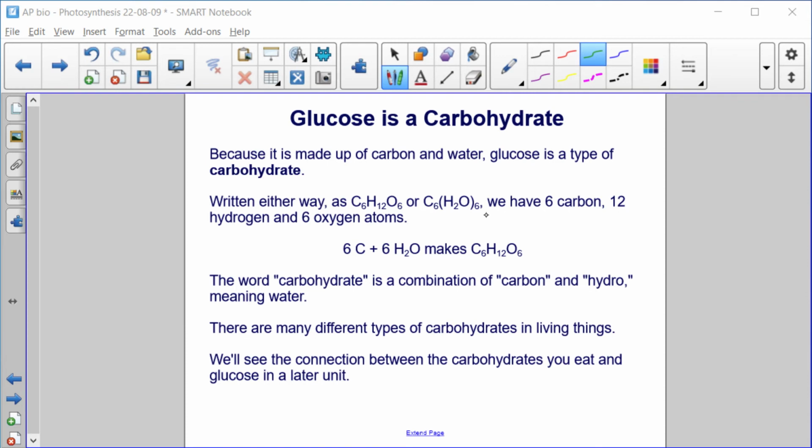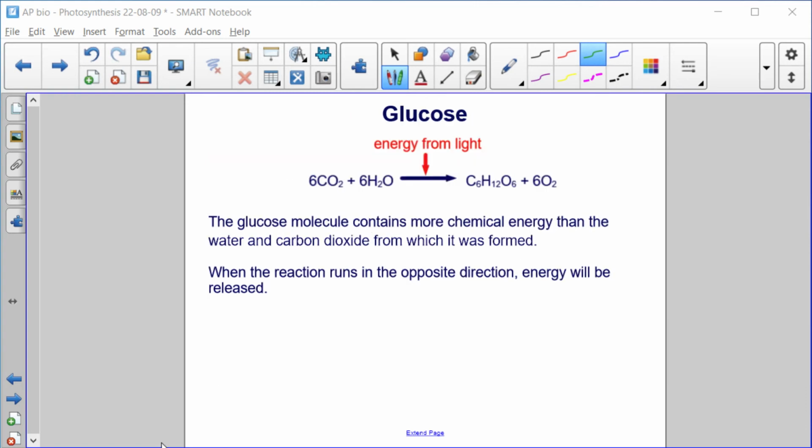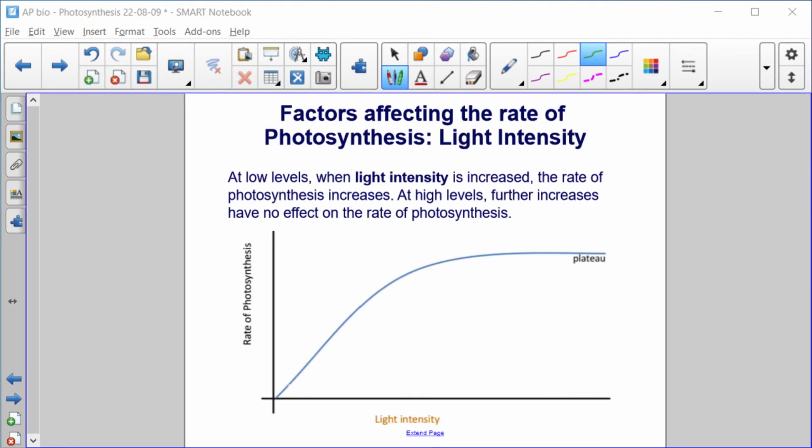We'll see the connection between the carbohydrates you eat and glucose in a later unit. The glucose molecule contains more chemical energy than the water and carbon dioxide from which it was formed. So on this side, we have greater energy, and that's because the energy is being absorbed from the light. When the reaction runs in the opposite direction, we'll see energy will be released.